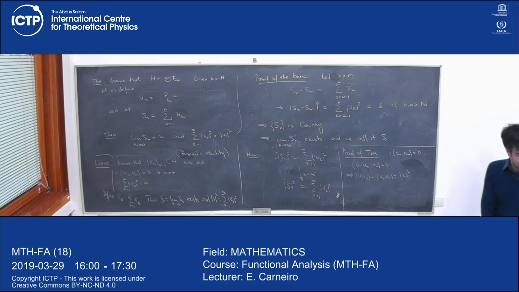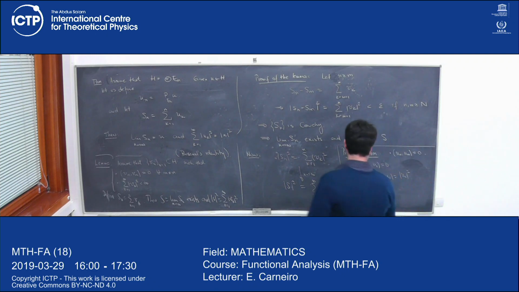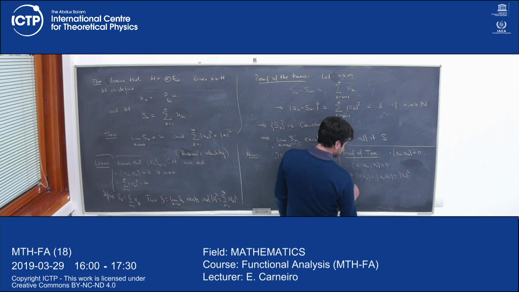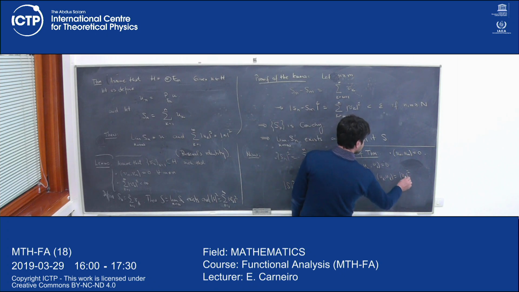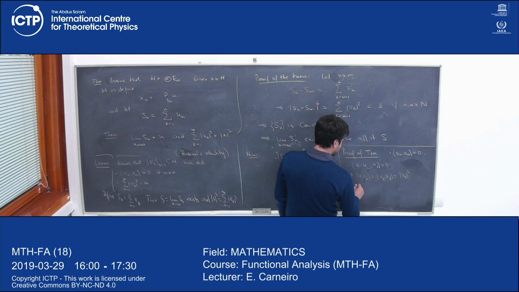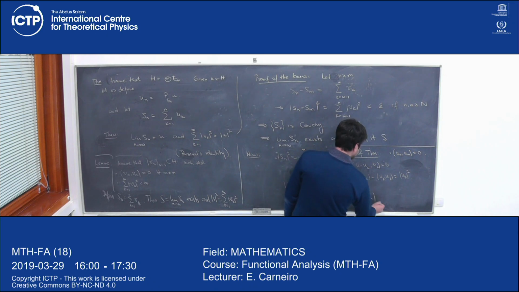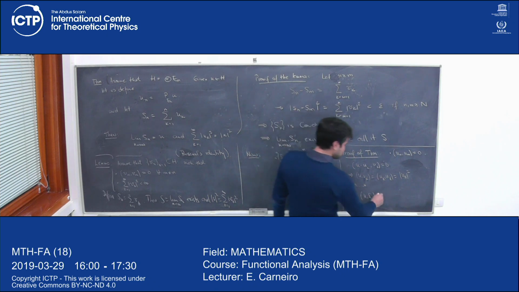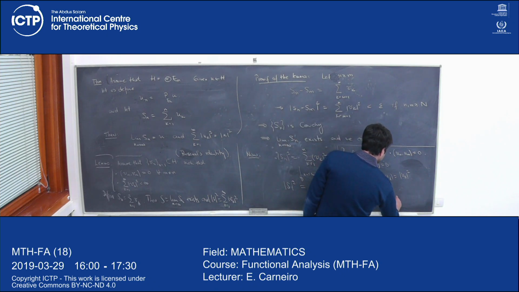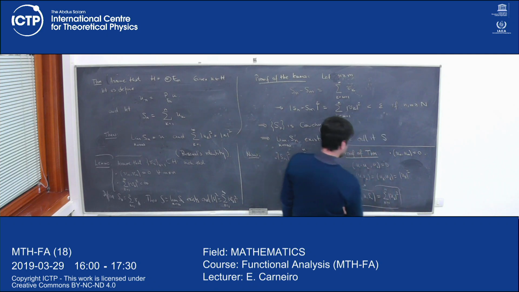Okay. If I add these up, with the index k, from k equals 1 to n, what I get on this side is U scalar S_n, the partial sum. This is just equal to the sum over the norm of U_k squared, k from 1 to n. Good.